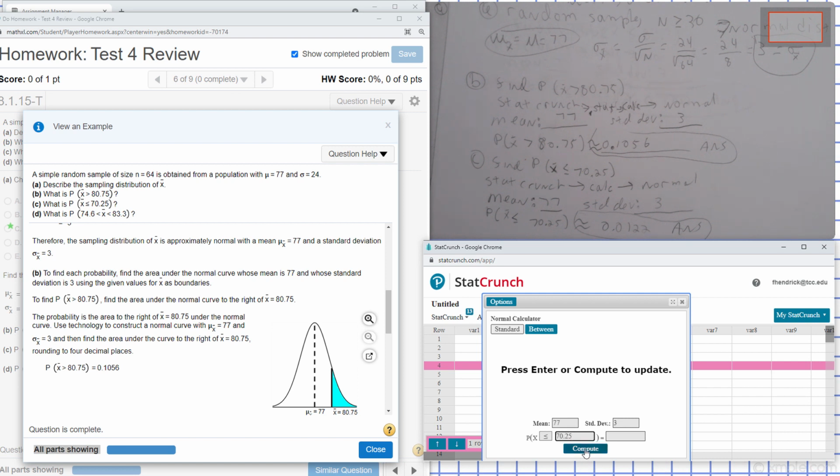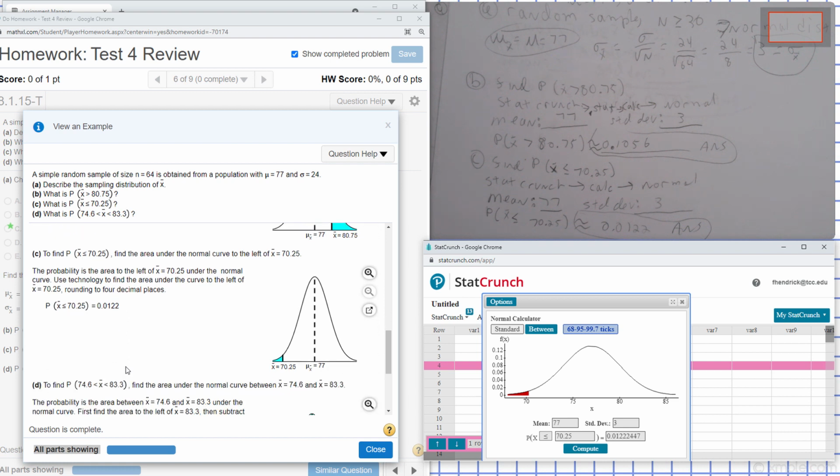Then I hit compute to find the probability. There, for C, I have 0.0122, and that's what I have here.